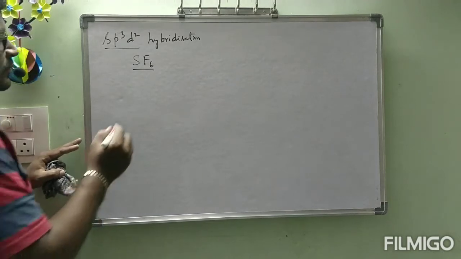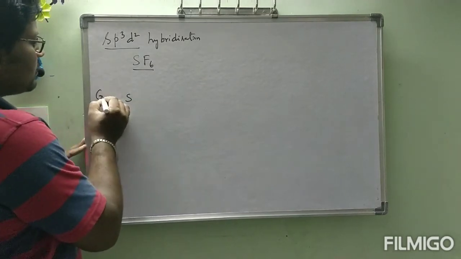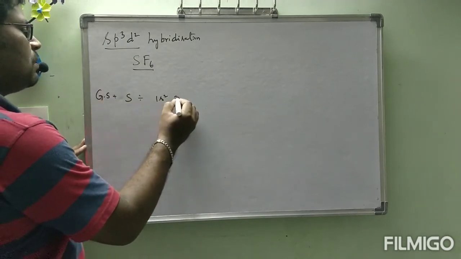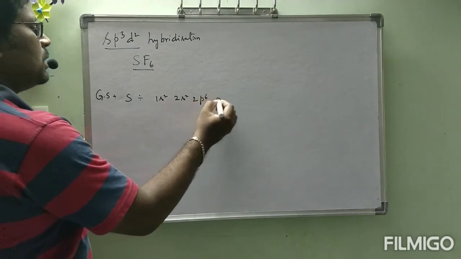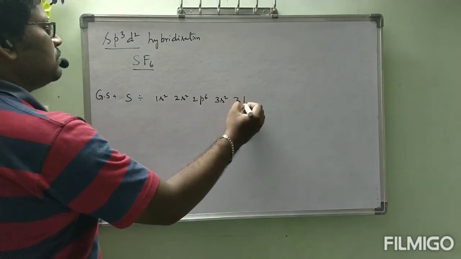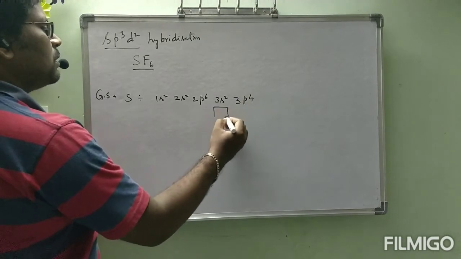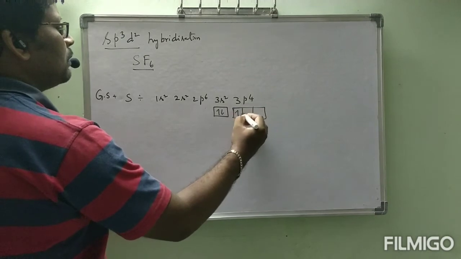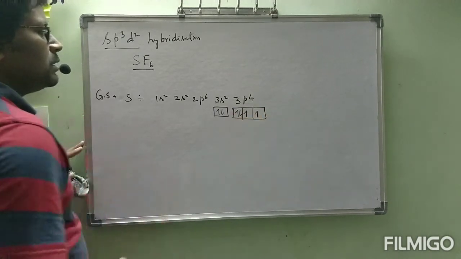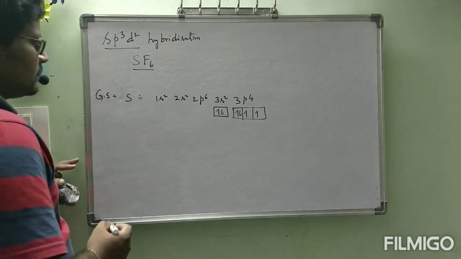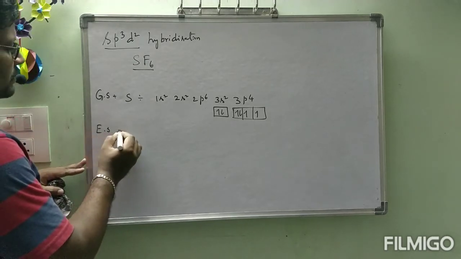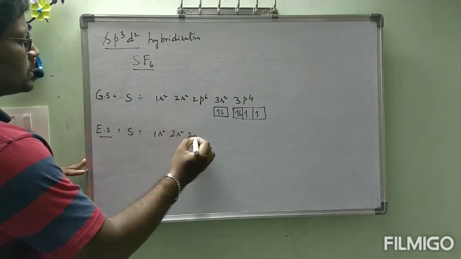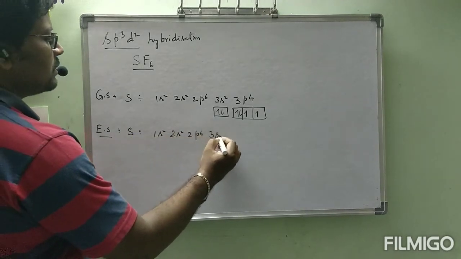Let us see. The ground state electronic configuration of sulfur is 1s2, 2s2, 2p6, 3s2, 3p4. Next, the excited state electronic configuration of sulfur is 1s2, 2s2, 2p6.